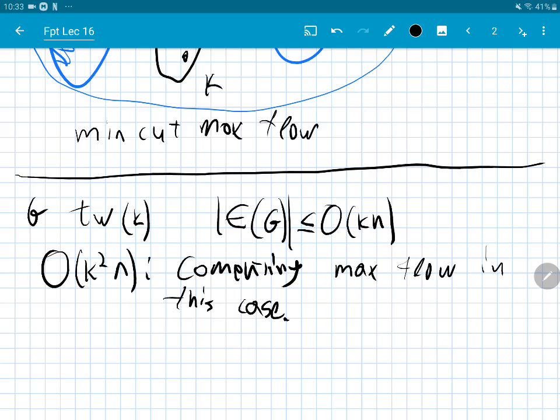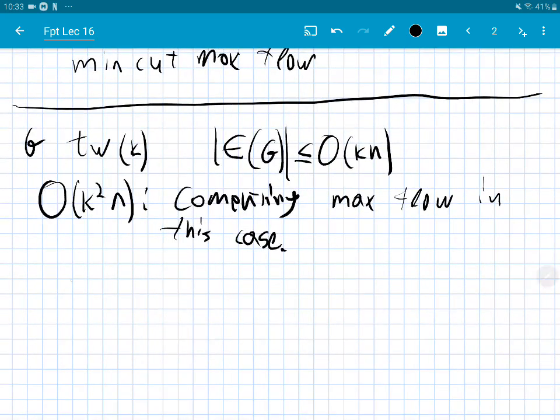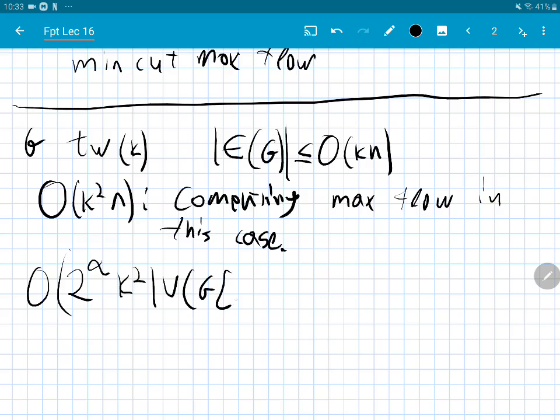And now we are done. Why are we done? Because the running time is going to be 2 to the alpha, K squared, the size of the graph, the number of vertices in the piece that we have.